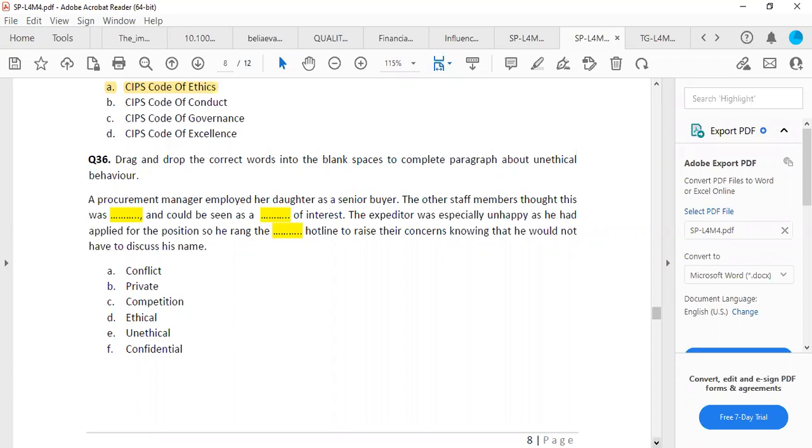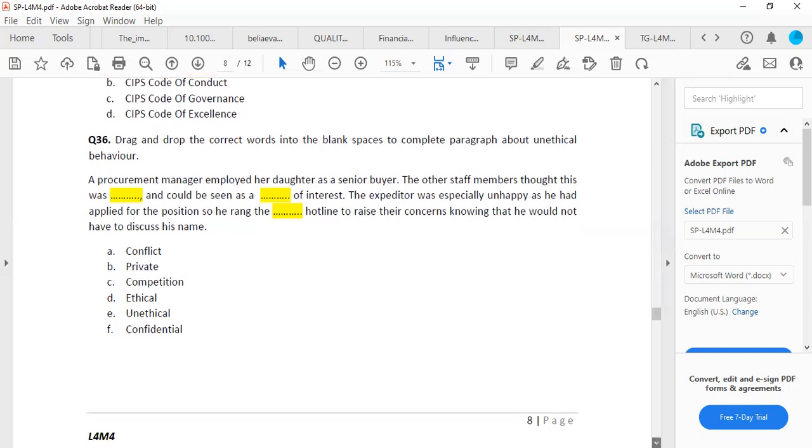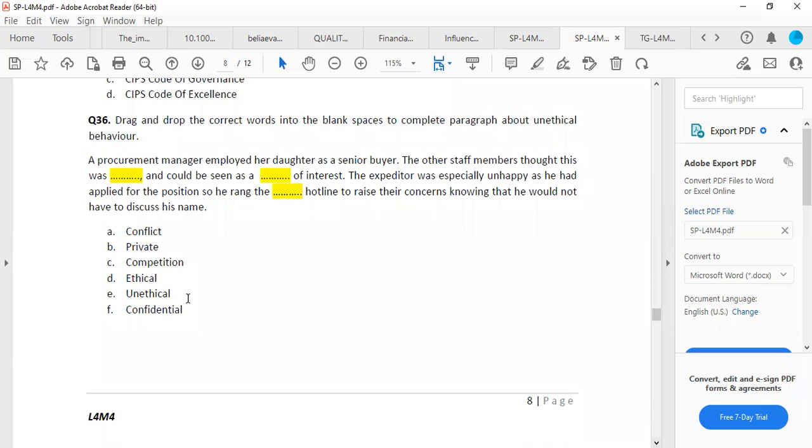The private hotline, or confidential hotline? What about ethical hotline? Ethical too.